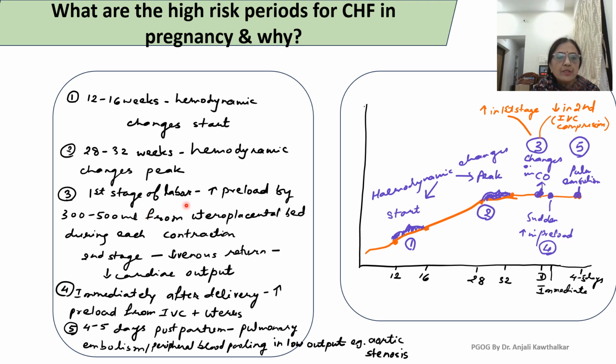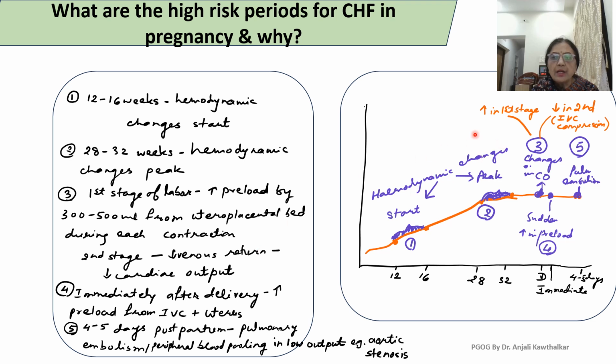Then in labor, in the first stage of labor, there is increased preload by 300 to 500 ml, which enters into the circulation from the uteroplacental bed with each contraction. Now, in the second stage, sometimes there is an increase in cardiac output, as we have seen in the previous slide, but sometimes there is a sudden fall in cardiac output because of severe compression of the contracting uterus over the inferior vena cava, reducing the venous return.